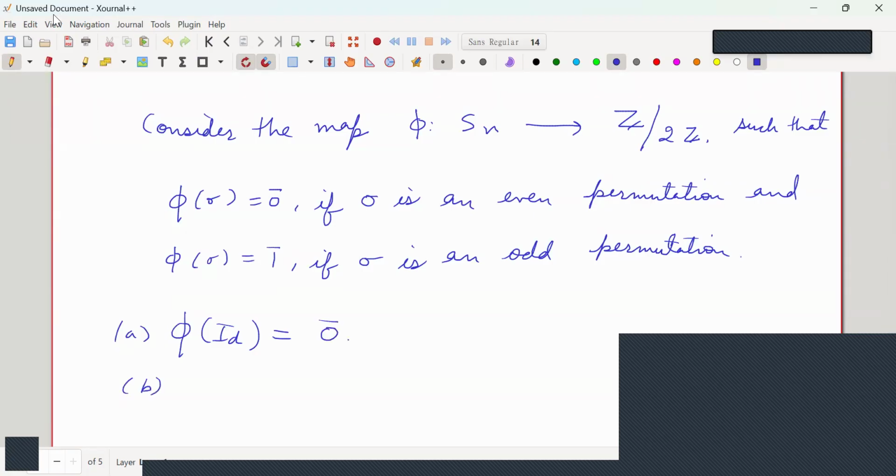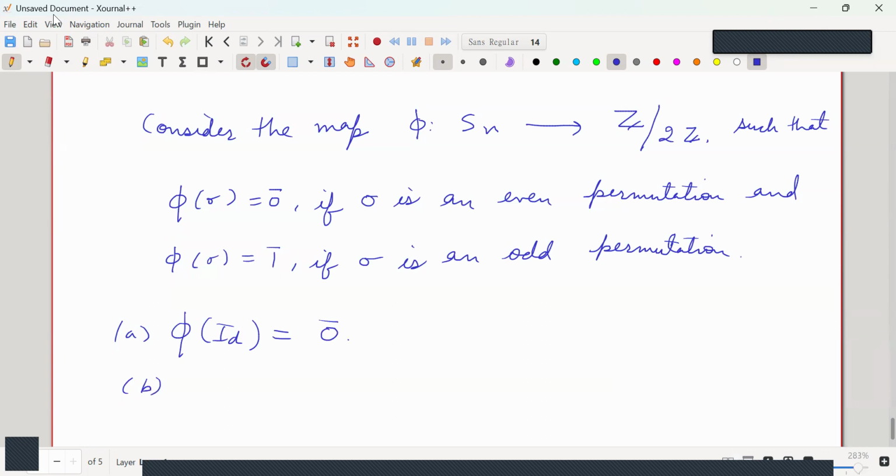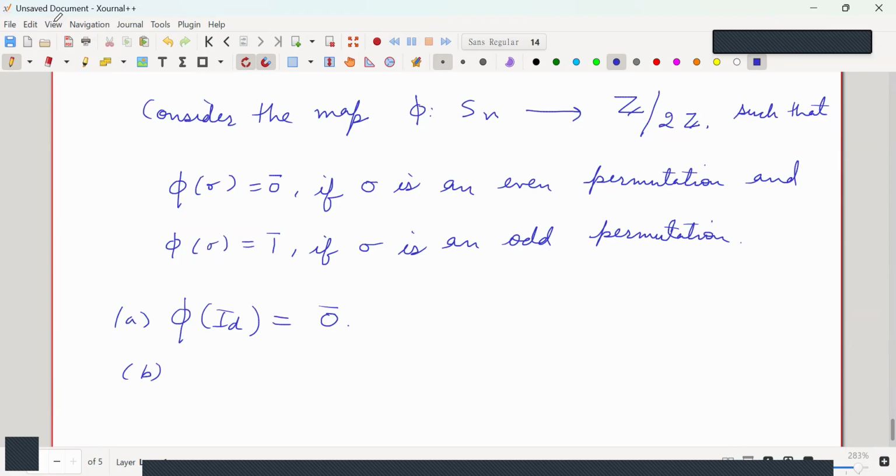And now, what about the composition? We need to check if phi of sigma 1 times sigma 2 is equal to phi of sigma 1 plus phi of sigma 2. Right.